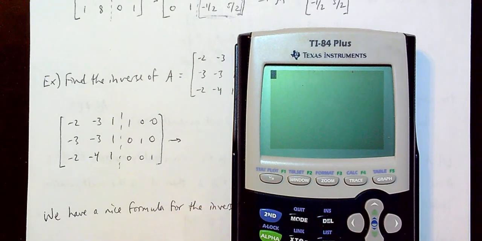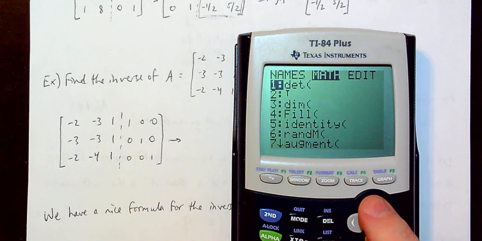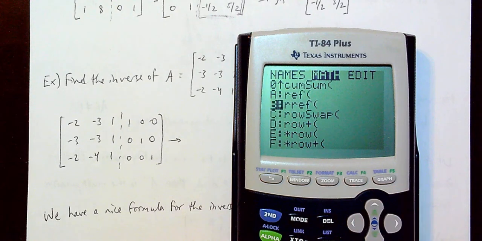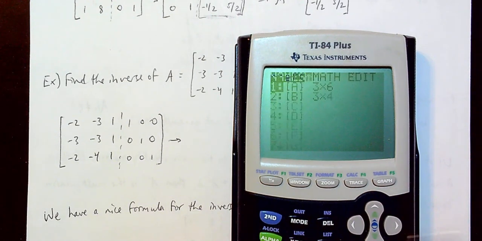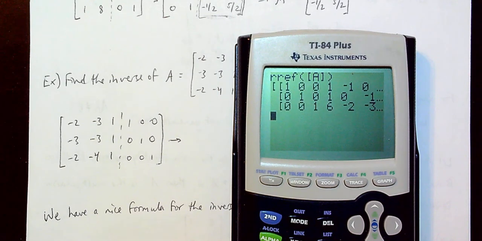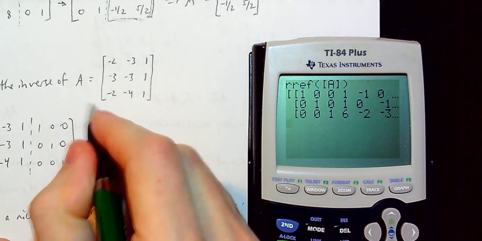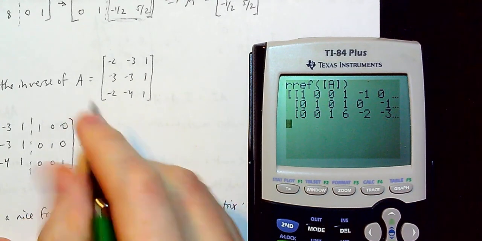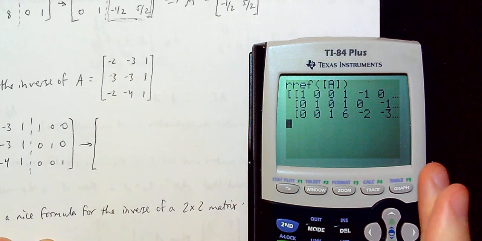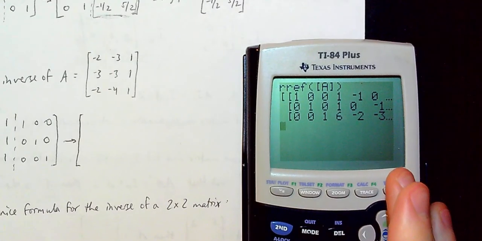We are going to row reduce this matrix to put it in row reduced echelon form. And we get a whole bunch of stuff here, actually some pretty nice values.